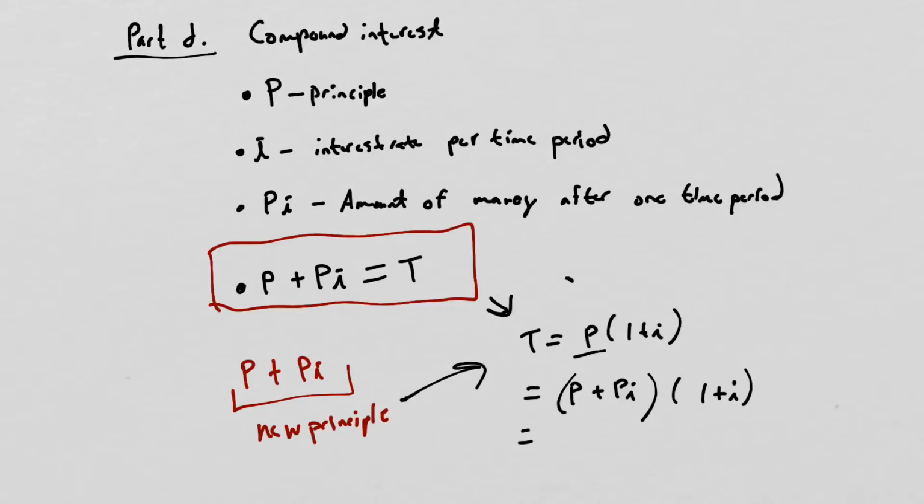Factoring the P out of this term, we get P times 1 plus I raised to the second power. We can go ahead and reinvest our money into k different time periods. Doing this recursively, we're going to get the total amount of money is equal to P times 1 plus I to the k. Here we see that we have an exponential now, given by this term here.